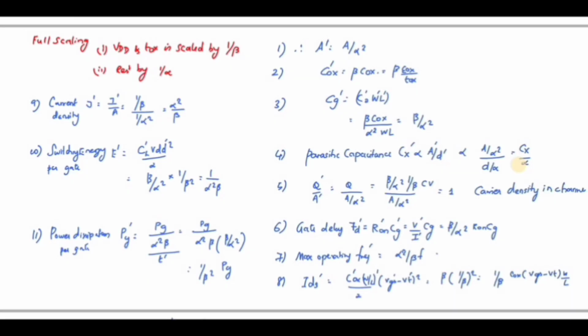Next, let us come to full scaling. Here the voltage and oxide thickness are scaled by 1 by beta, and resistance is scaled by 1 by alpha. First let us discuss area.